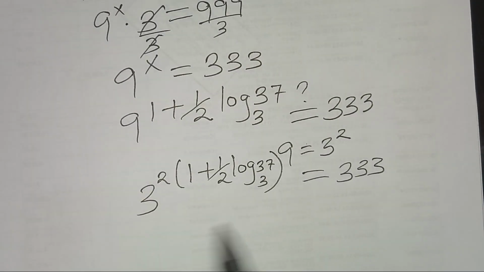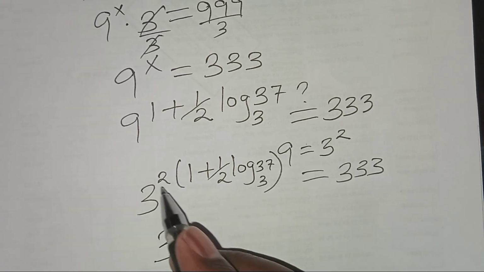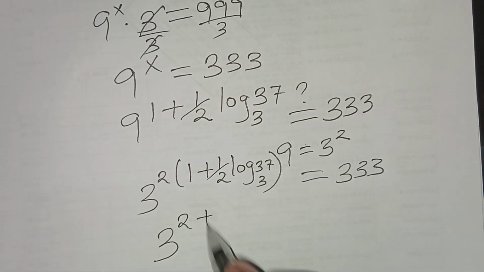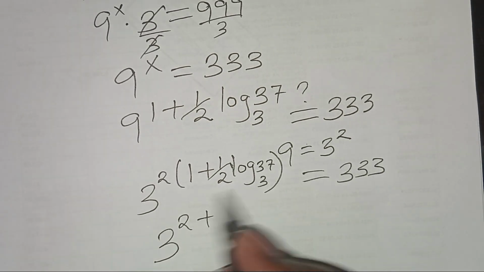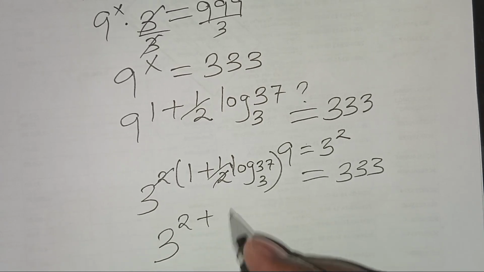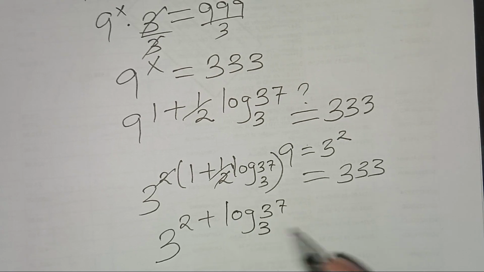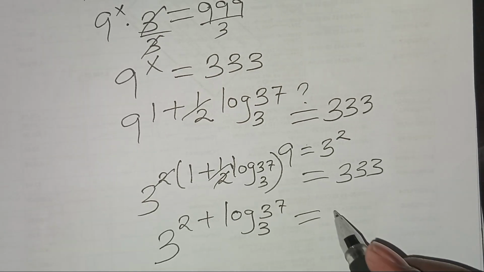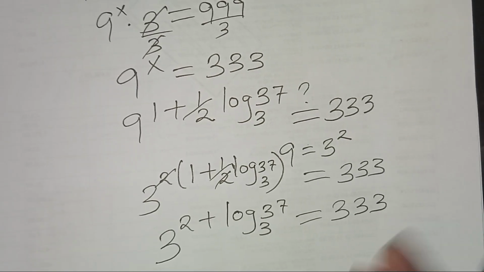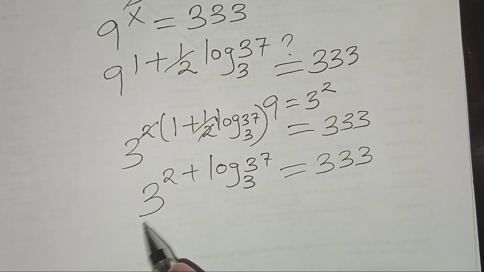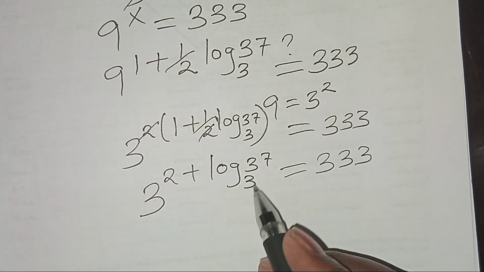Now let's open the bracket here. So we'll have 3 to the power 2 times 1, this is 2, plus 2 times half. So we simplify here, so that this is 2 plus log 37 to base 3, and this should give us a value of 333. The next step here, 3 to the power 2 plus log 37 to base 3.